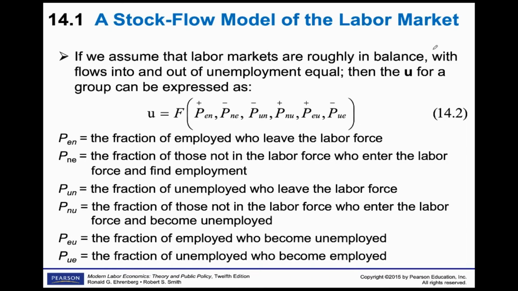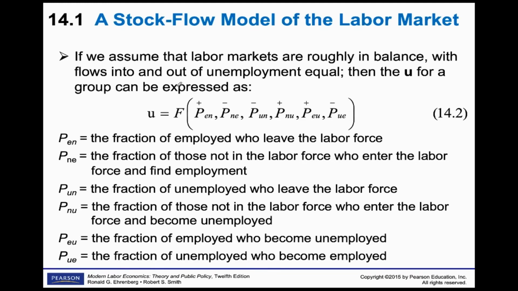This is what I have mentioned earlier, the concept of the steady state level of unemployment. What do we mean by balance or steady state here? This is when, over a long run period, people who lose their jobs and people who get jobs are equal in the long run.